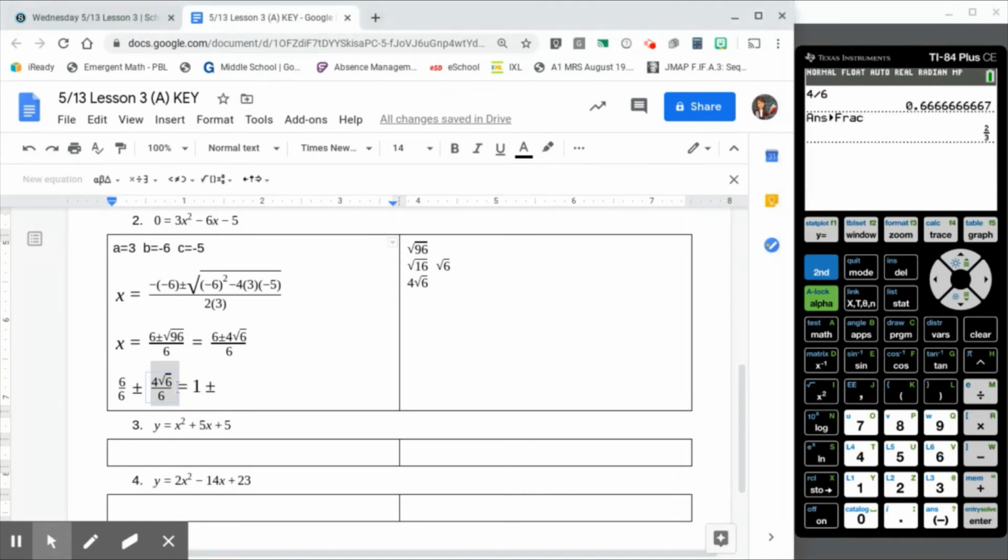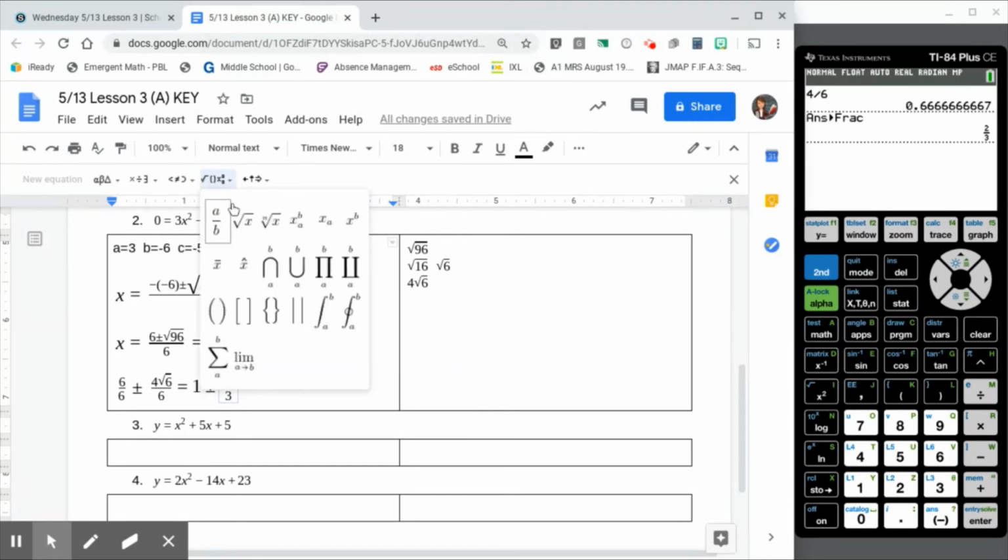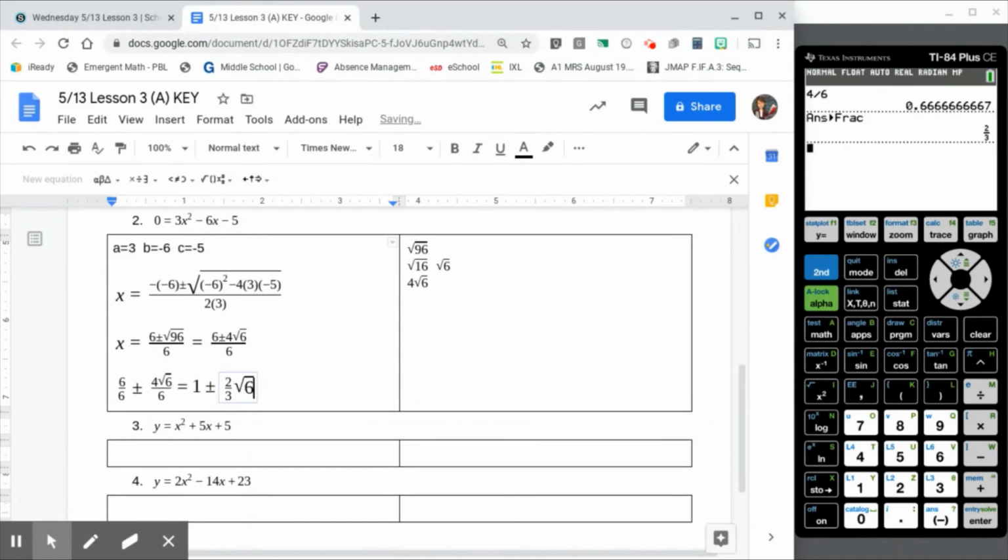So I'll write it two different ways here. You can write it as 2/3 and then the radical 6 after it, like that, because technically the radical 6 would be in the numerator.